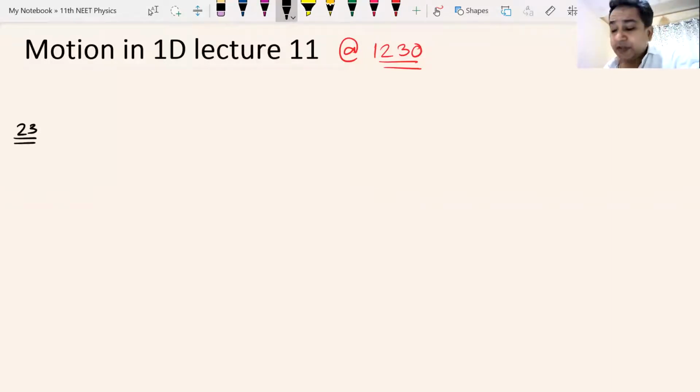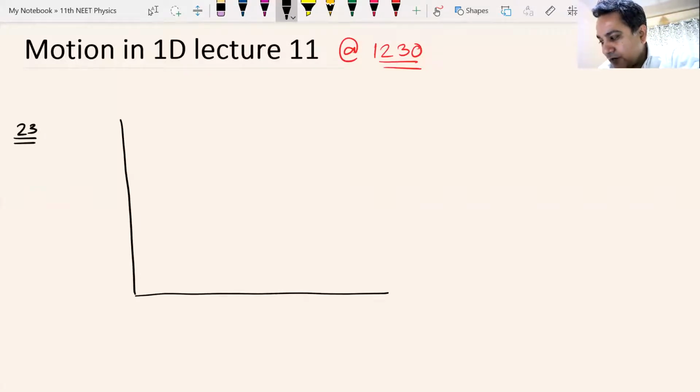I have drawn displacement here, and I have drawn time here. This is a wrongly drawn graph, but let us assume that it is like this, and the graph is like this.